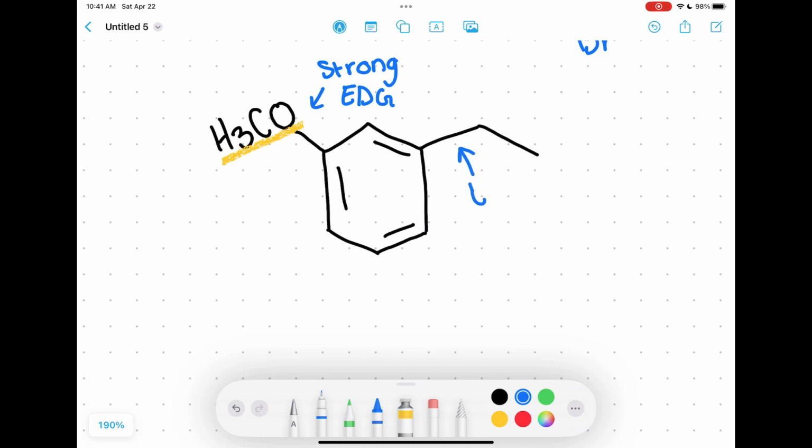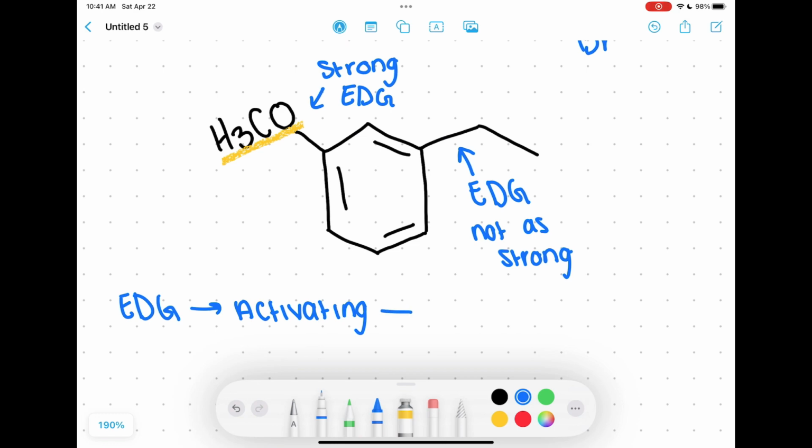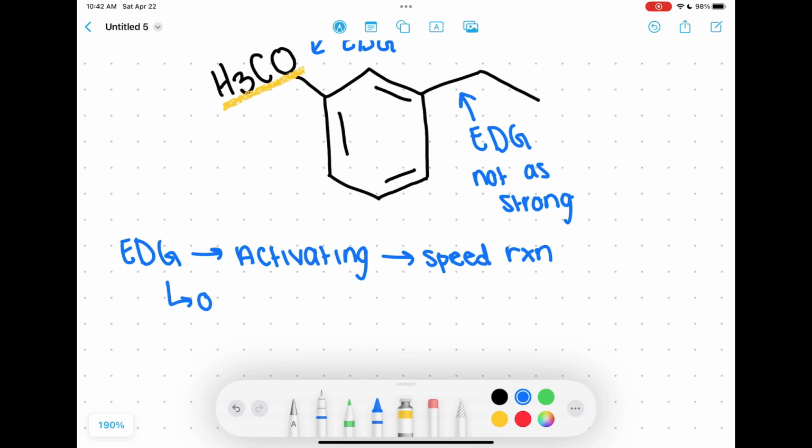As we may know, it is an electron donating group. However, it is not as strong. As we may know, electron donating groups are activating groups, meaning they activate the ring, therefore speeding the rate of the reaction. Electron donating groups are also ortho-para directors.